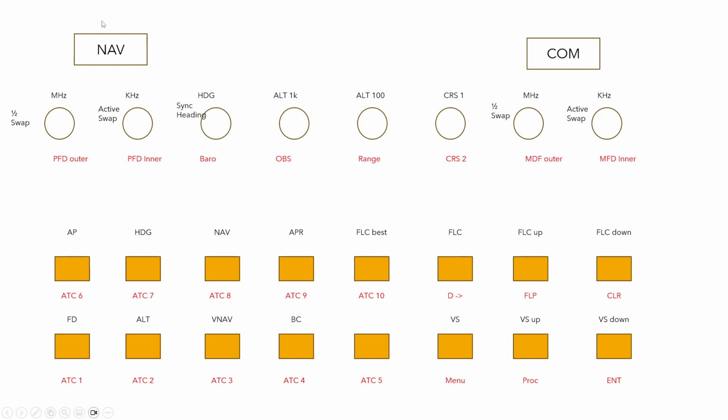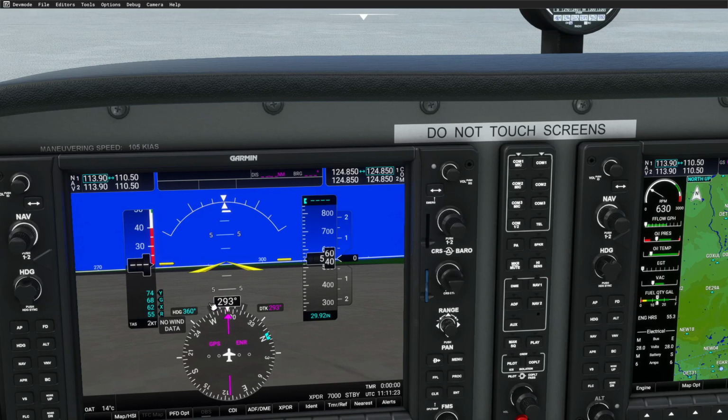And this is the radio, so nav radio, megahertz and kilohertz on separate rotaries at the moment. If you look into the cockpit, again they are separate rotaries, stacked on top of one another, but they are separate.